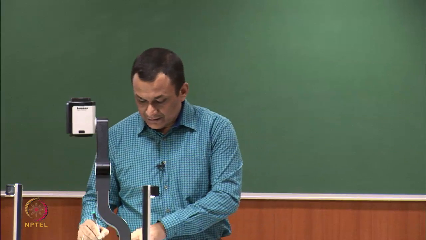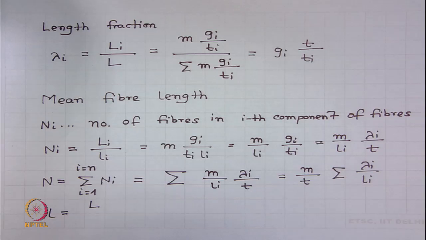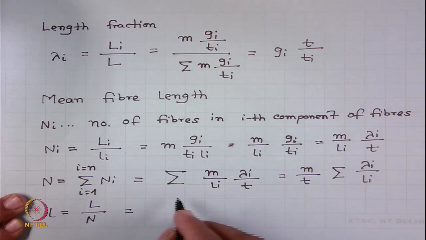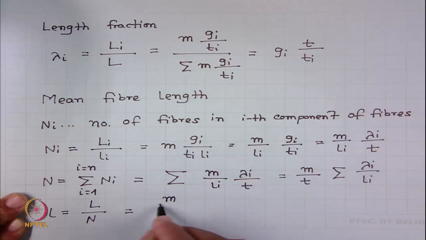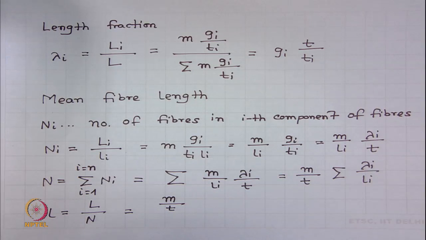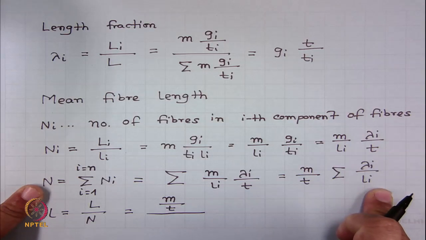Total length of all fibers in the blend is capital L, and total number of fibers in the blend is capital N. So, now we substitute capital L. Capital L is m by T, where m is mass of all fibers in the blend and T is average fineness of fibers in the blend, divided by capital N. We have to write this expression.